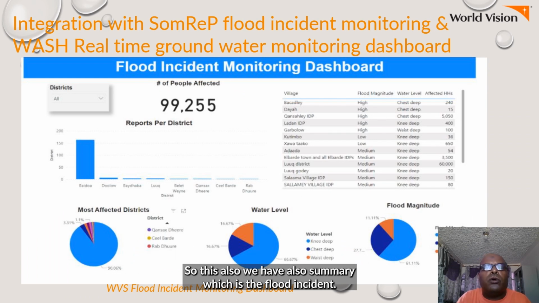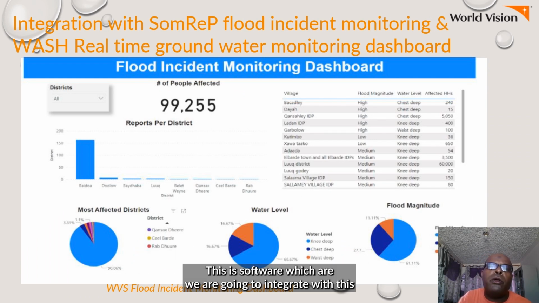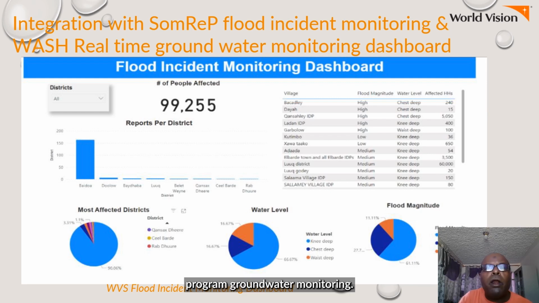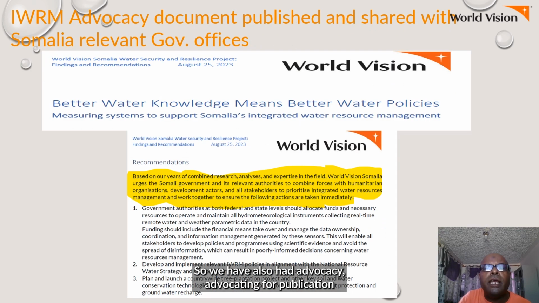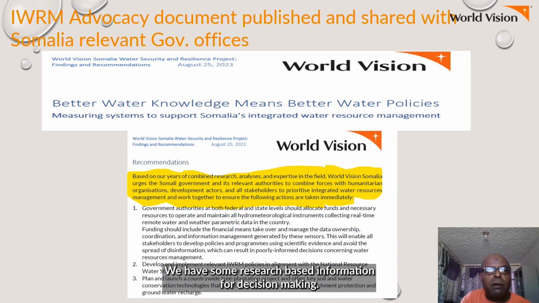We also have SOMAREP, which is the flood incident software, which we are going to integrate with these programs, groundwater monitoring data. So we also have advocacy for publication for the government, with recommendations for what's happening. We have some research-based information for decision making.